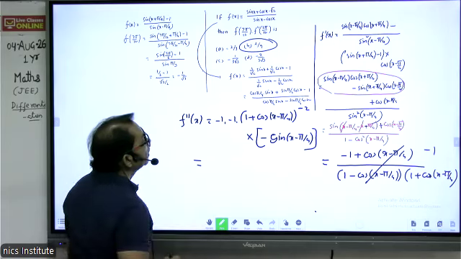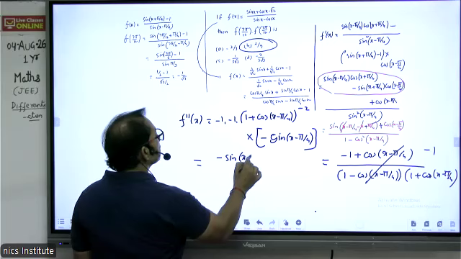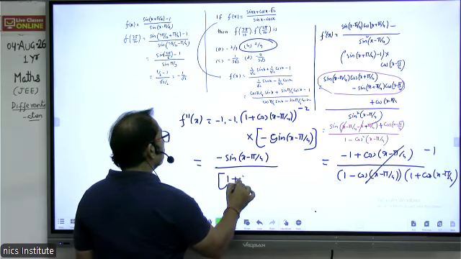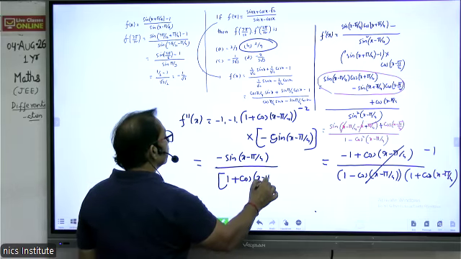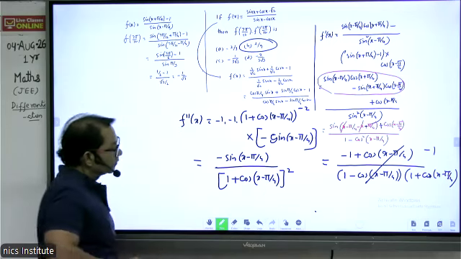So this will be minus minus plus minus sine of x minus pi by 4 divided by 1 plus cos x minus pi by 4 whole square. This is the thing.